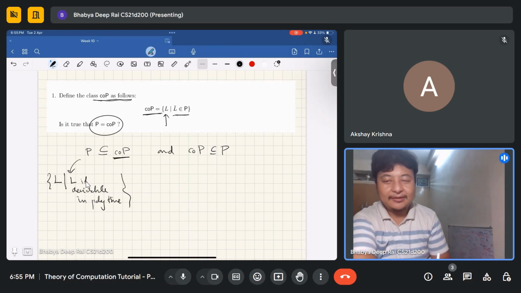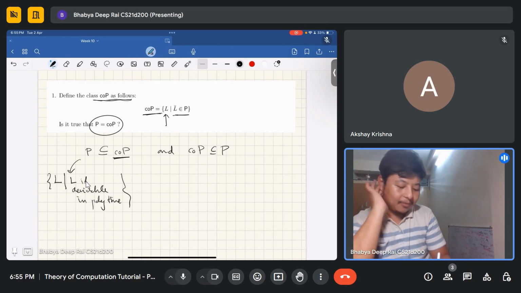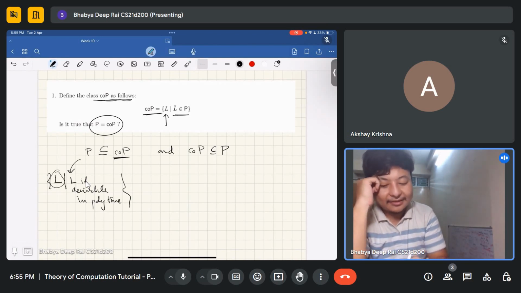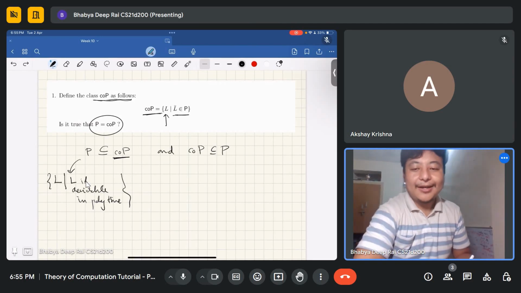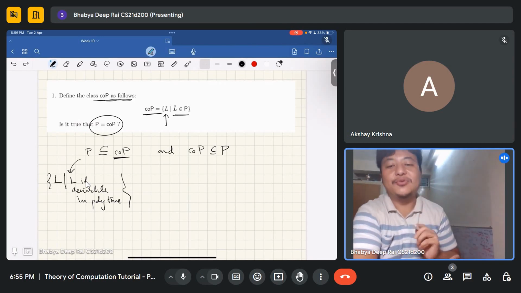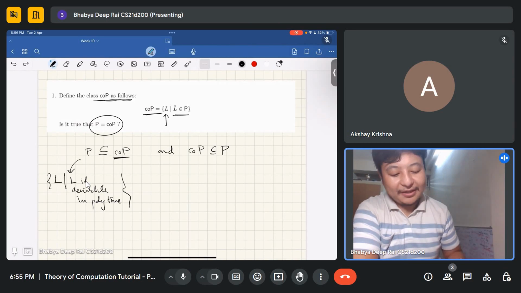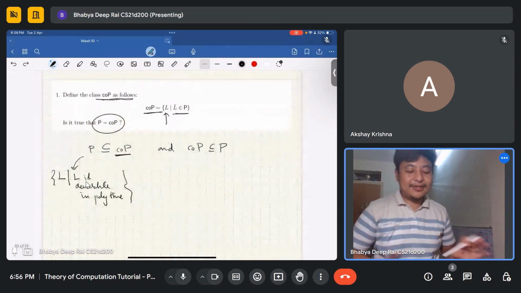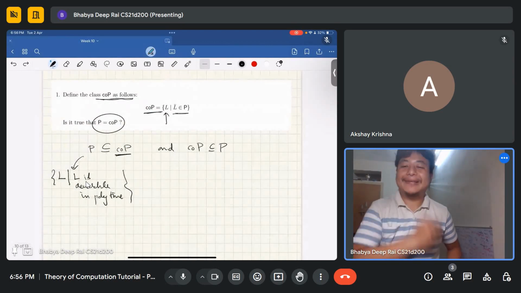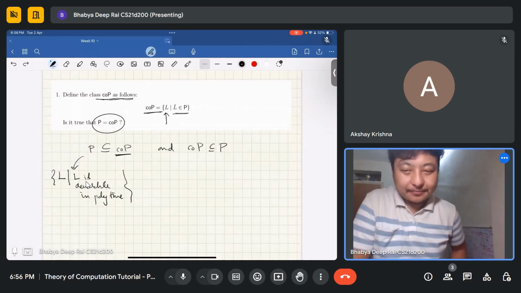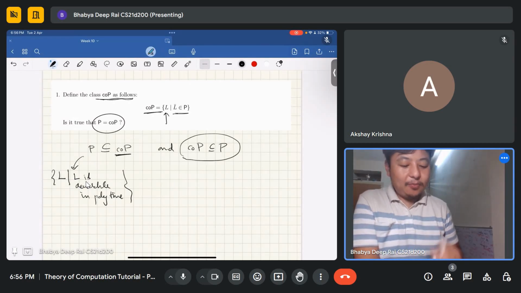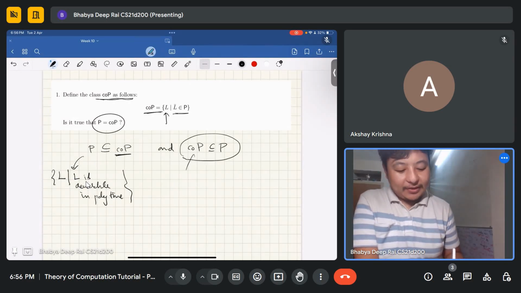Which means that the complements of these languages are also in P, and we've already seen that that is true, but I'll explain it again. All these terms seem kind of difficult, but what it actually means is, let's look at this. Is coP contained in P? What is coP?